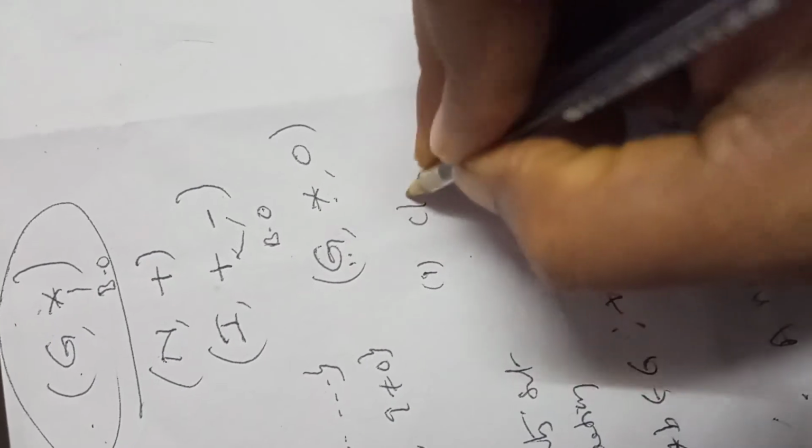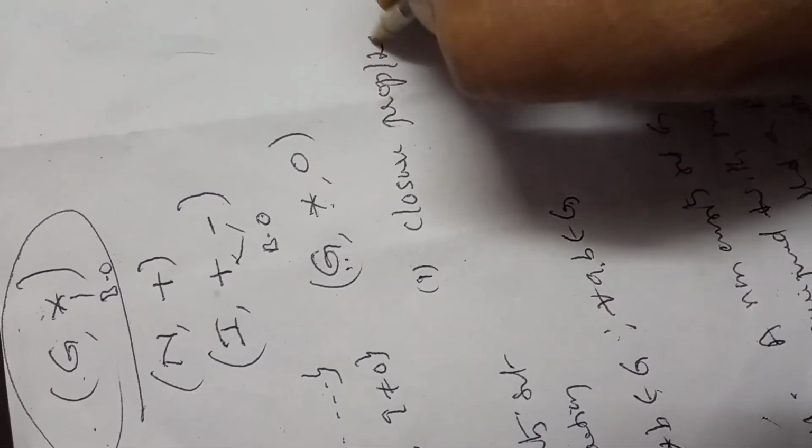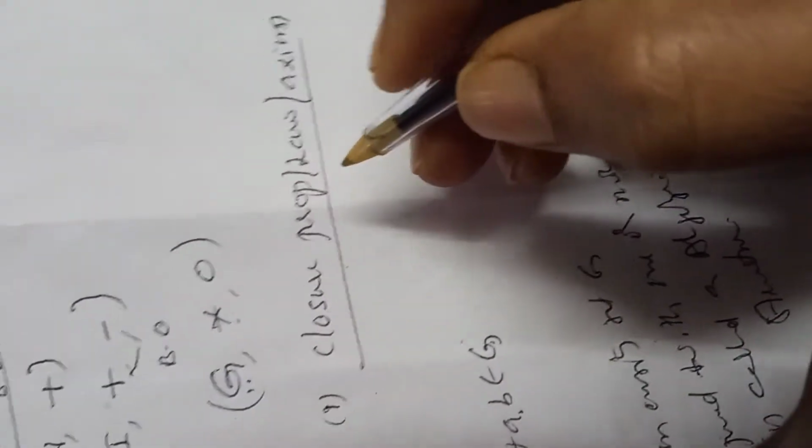First property: closure property, or you can say closure law, or closure axiom. Closure property, closure law, or closure axiom.